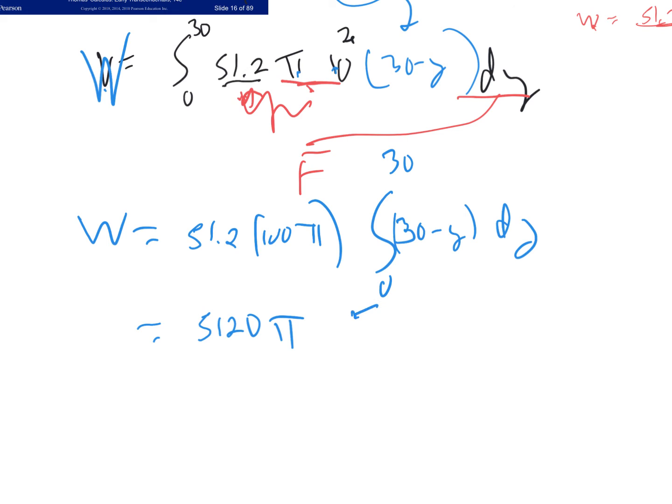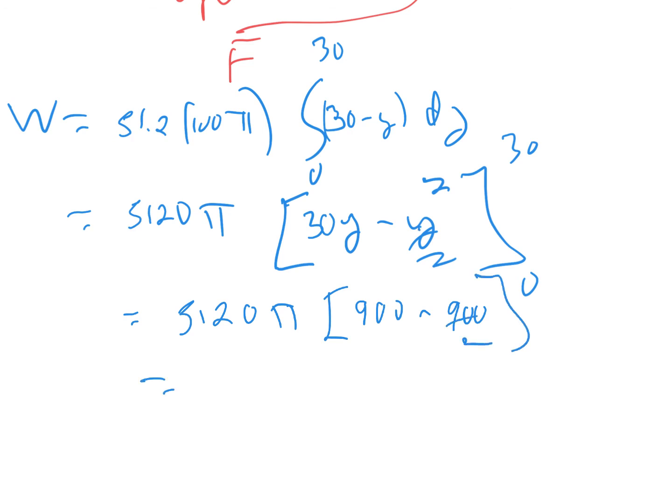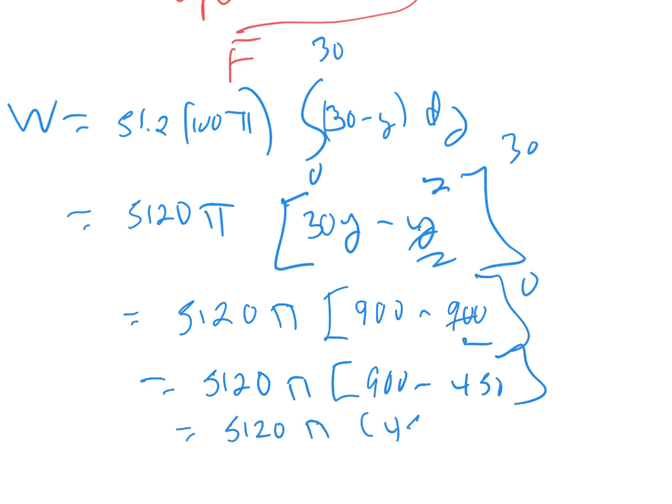Integrating, that gives me the antiderivative of 30y minus y squared over 2 from 0 to 30. And again, the 0 goes away. So use your calculator. 5120 pi times 900 minus 900 over 2. That's 5120 pi times 900 minus 450. That's 5120 pi times 450.